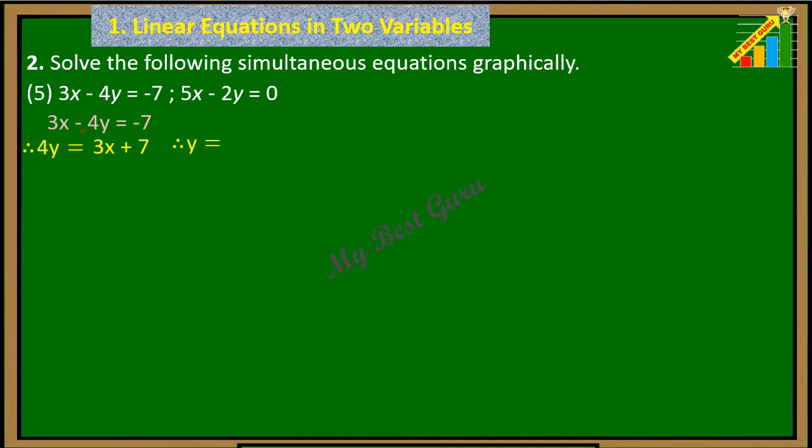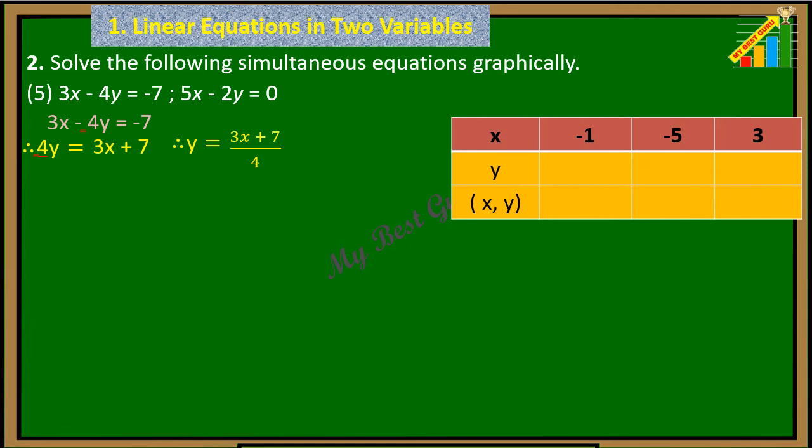Now we will find out the value of y. So y is equal to 3x plus 7, and this 4 is in multiplication; going to that side, it will be in division, so divided by 4. Now we will put the values of x as minus 1, minus 5 and 3. Now y is equal to, we will put minus 1 first. In the place of this x, we have to put minus 1.